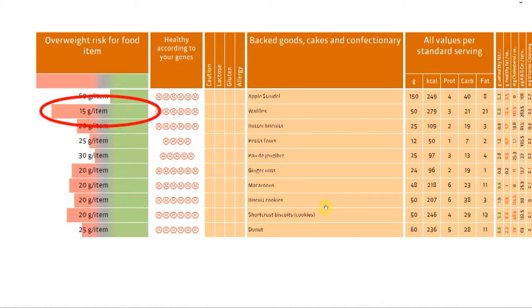If it's large and red, like here, it means this type of food is a big problem for your genes. This is going to make you overweight much more than other food in the green area. And this is really the concept of food items. Let's say this person wants to eat a waffle for breakfast and invests one food item.